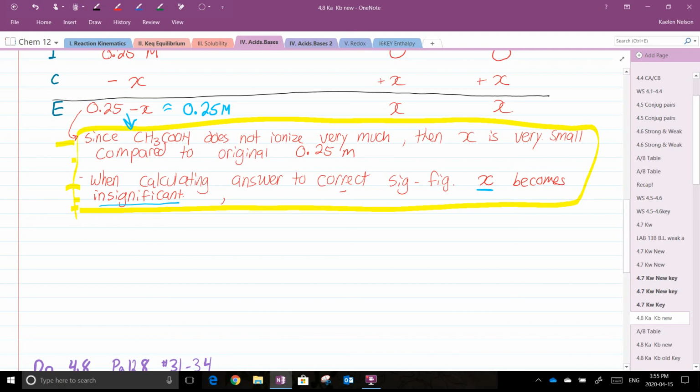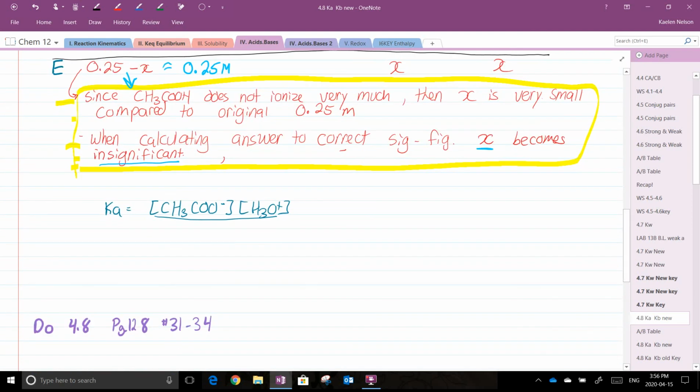Okay, now what we're going to do is we're going to go back to our Ka expression here. I'm just going to write it back out because mine's a little farther away. Okay, I'm going to fill in what I know.